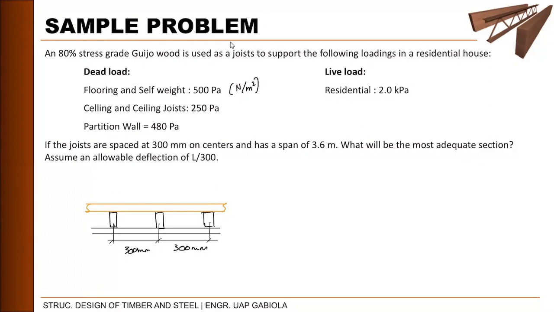So lagay lang natin ang label. So this is yung ating wall. Ito yung ating floor system. Ito yung flooring natin. Ito yung ating mga joist. And then ito yung ating ceiling. Okay. So yan yung cross-section natin.